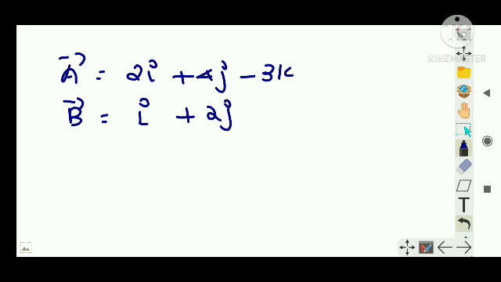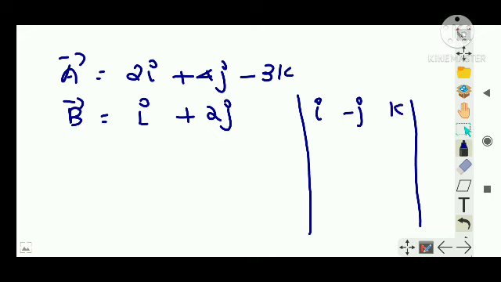Now how would you do A cross B? Keep in mind, you will draw two lines, then write i, then minus j, then plus k. Now write A's coordinates here: 2, 4 and minus 3, and B's coordinates are 1, 2, and there is no coordinate for k.